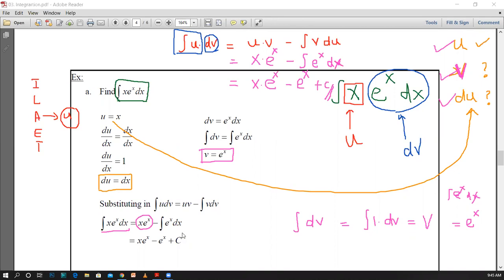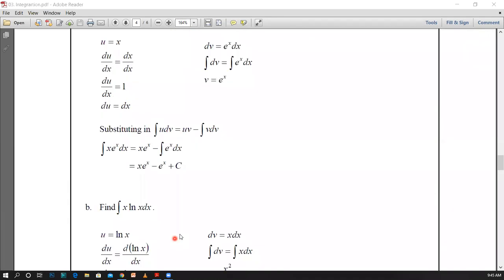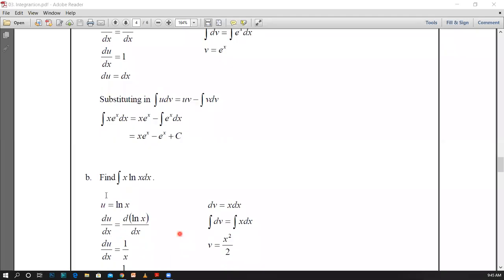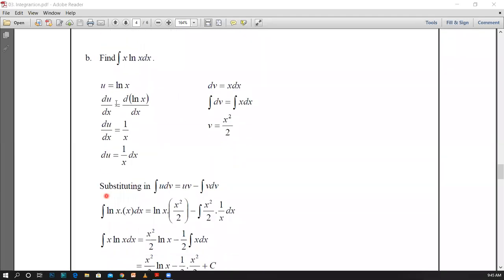If you move to the next example, here you are asked to get the integral of x times ln x dx. Here, first of all, you have to look for the Euler concept.